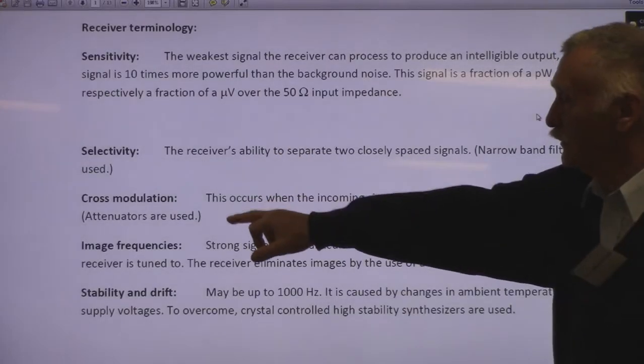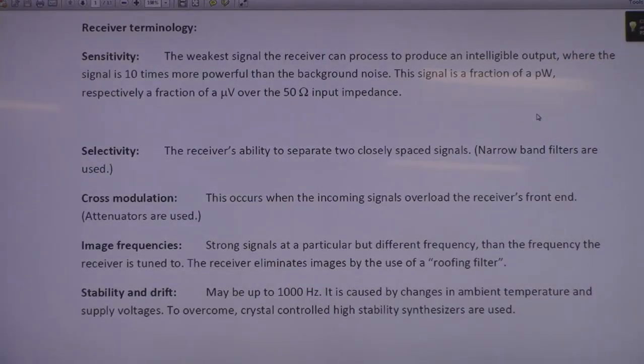And the third feature is cross modulation. Cross modulation may occur when you pick up a very powerful local signal, for example a ham radio operator down the street in your vicinity who puts out a real large signal, and that large signal would overdrive the amplifiers of your receiver. If an amplifier is overdriven, it tries to increase the amplitude of a signal more and more, but it cannot increase it higher than the supply voltage.